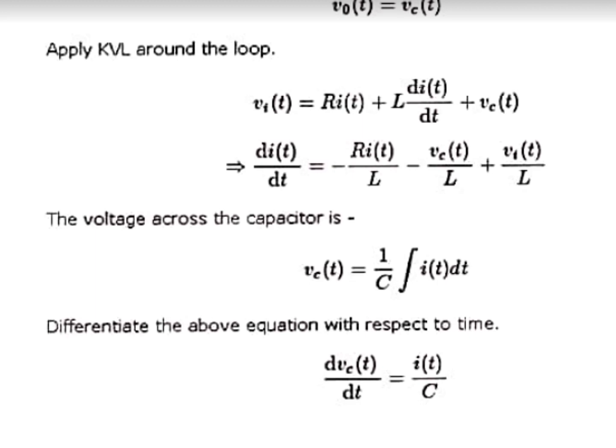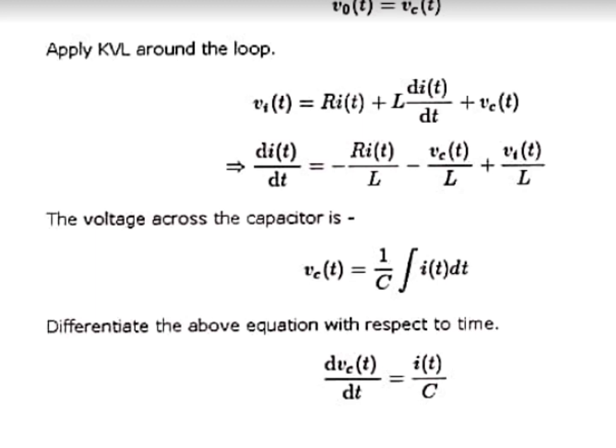Just apply KVL to the loop. By applying KVL, we get this equation: the input is equal to the voltage drop across the resistor, that is R into I of t, plus the voltage drop across the inductor, that is L into di of t by dt, plus the voltage across the capacitor.